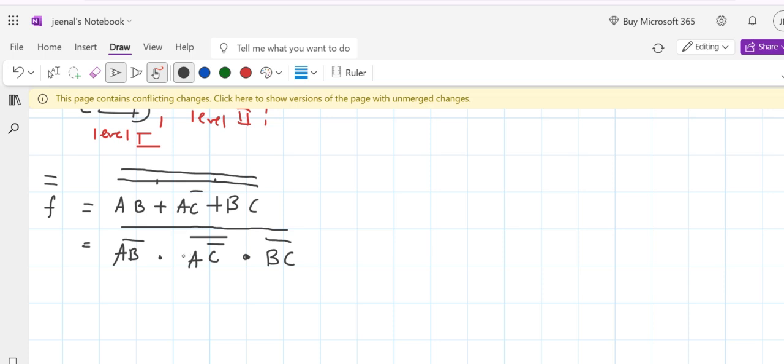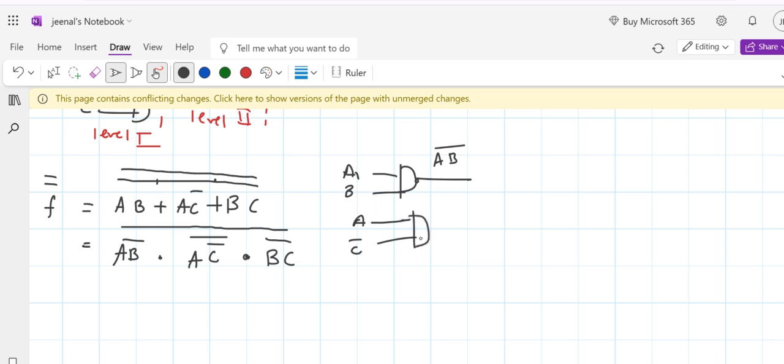Now I can easily represent this equation using NAND only, which is a universal gate. Let's see how we do that. I have AB going to a NAND gate, and what I get from here is AB bar. Then I have AC bar.